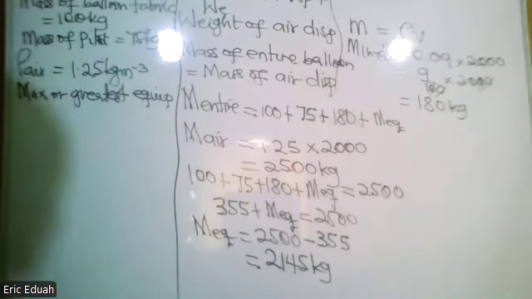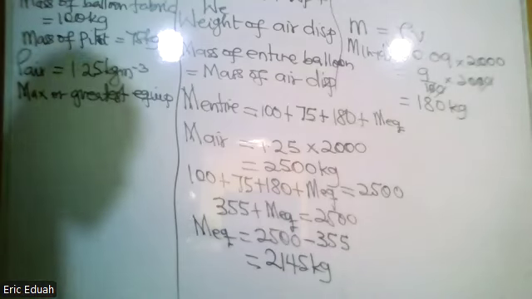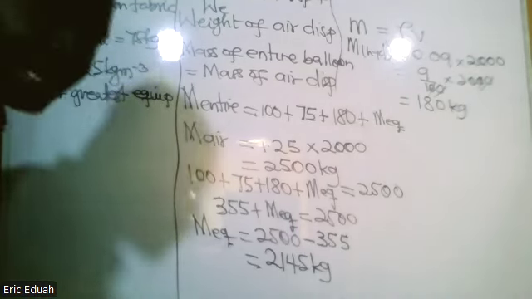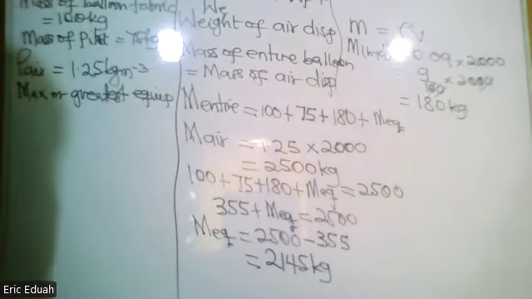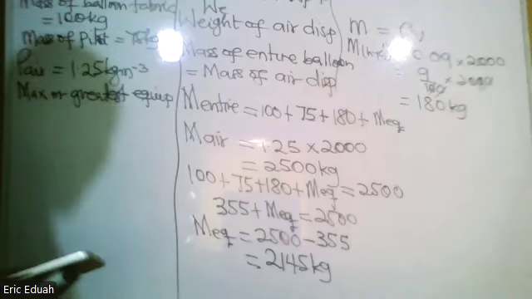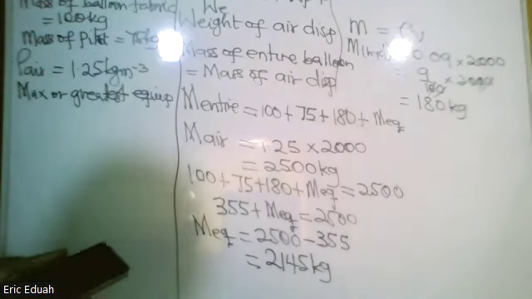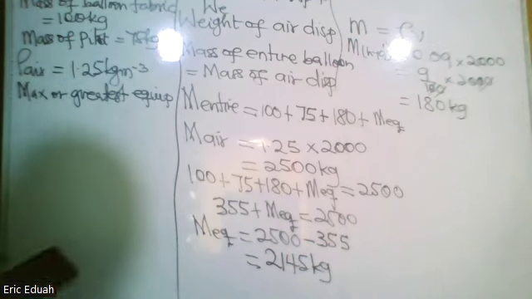So this is it. It isn't any difficult concept. You just need to apply the principle of flotation. Then the next question is that if the hydrogen gas is changed to helium, which is 2 times heavier than the density of hydrogen, what will happen?